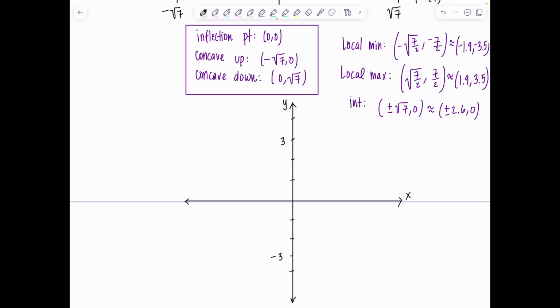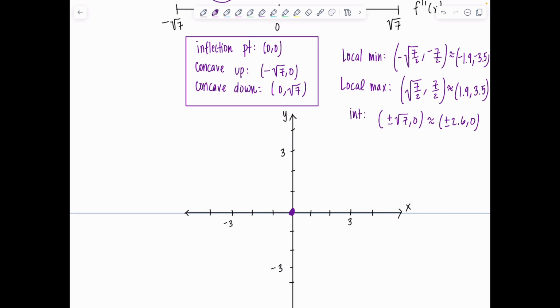And then in the x direction, I'll do about the same. 1, 2, 3, 4. 1, 2, 3, 4. Okay. Inflection point 0, 0. Let's put the local mins and maxes. So negative 1.9. Negative 3.5, here's my local min. Local max 1.9, positive 3.5, so right about there, max.